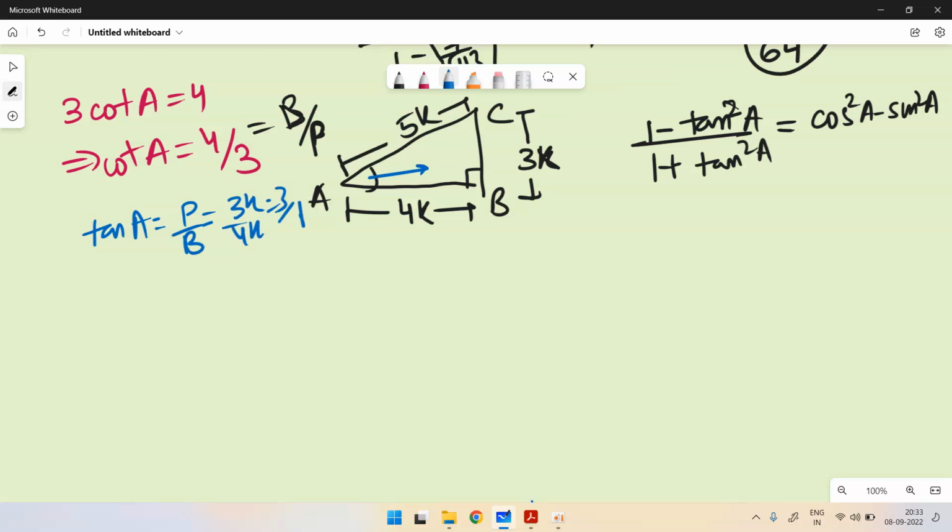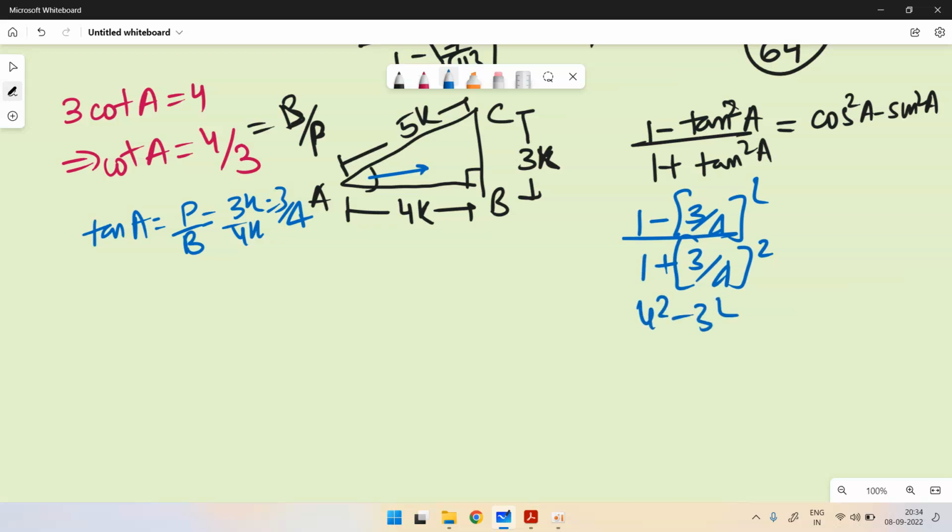If you put the value of 3 by 4 here, (1 minus (3 by 4) whole square) by (1 plus (3 by 4) whole square), and take LCM, this is (4 square minus 3 square) by (4 square plus 3 square), nothing but 16 minus 9 is 7 by 25.